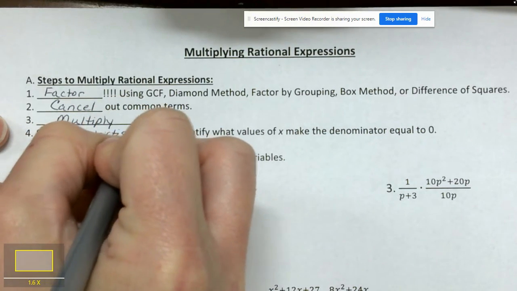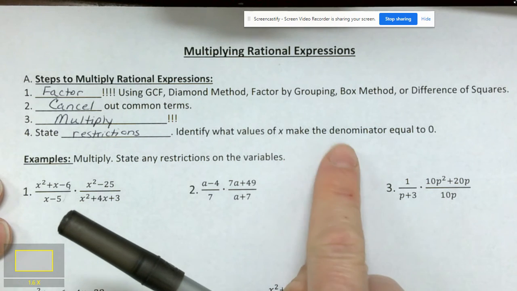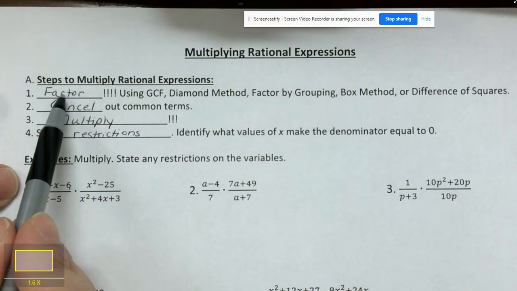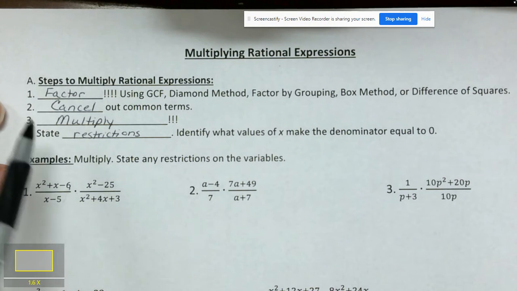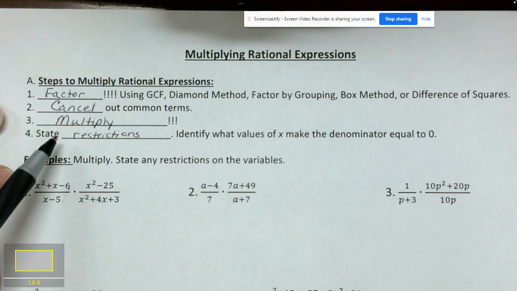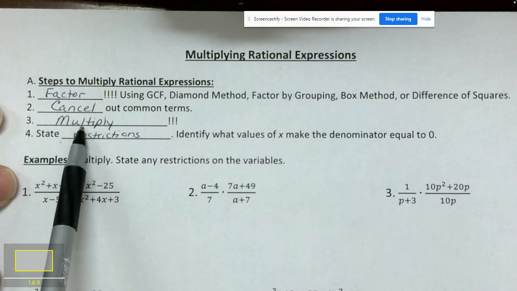What would make your denominator equal to 0? So identify all your x values that would make your denominator equal to 0. Now, these all should look familiar. This is what we did before. Step 1, factor. Step 2, cancel out common terms. And this last step, state restrictions. The new step here is this multiplying.